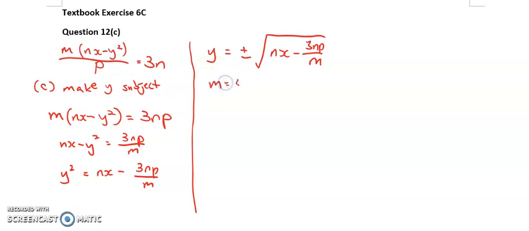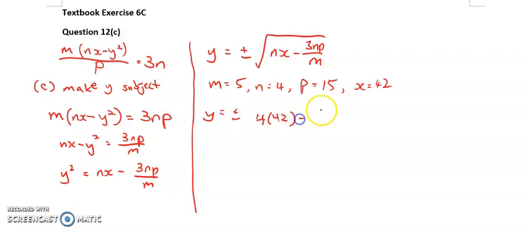So m equals to 5, n equals to 4, p equals to 15, and x equals to 42. So y equals to plus minus square root of 4 times 42 minus 3 times 4 times 15 over 5.